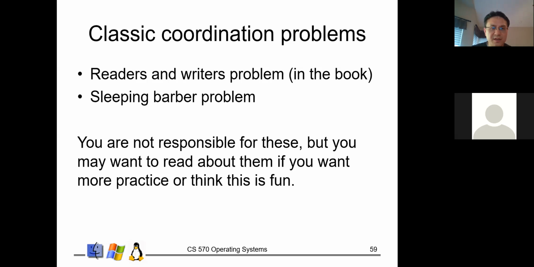It's a very interesting coordination problem as well. If you are interested, you're more than welcome to look into that in the book.